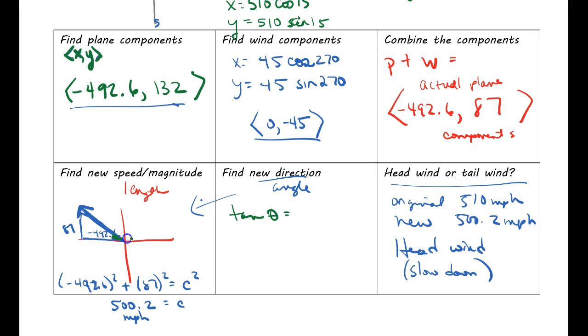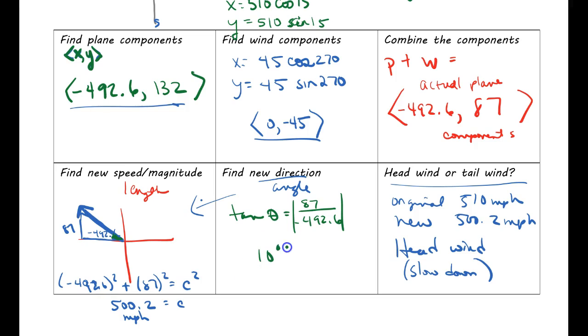So the tangent of that mystery angle is the opposite over the adjacent. And you probably don't even need the negative there. In fact, I'm going to just put that in absolute value bars. We don't really need the negative. And then we would type in second tangent of 87 divided by 492.6. And we are going to get 10 degrees.